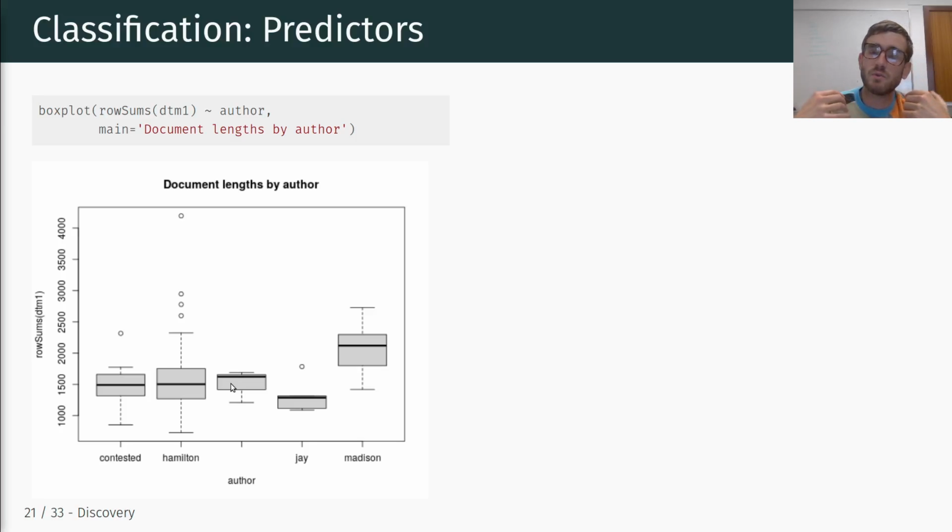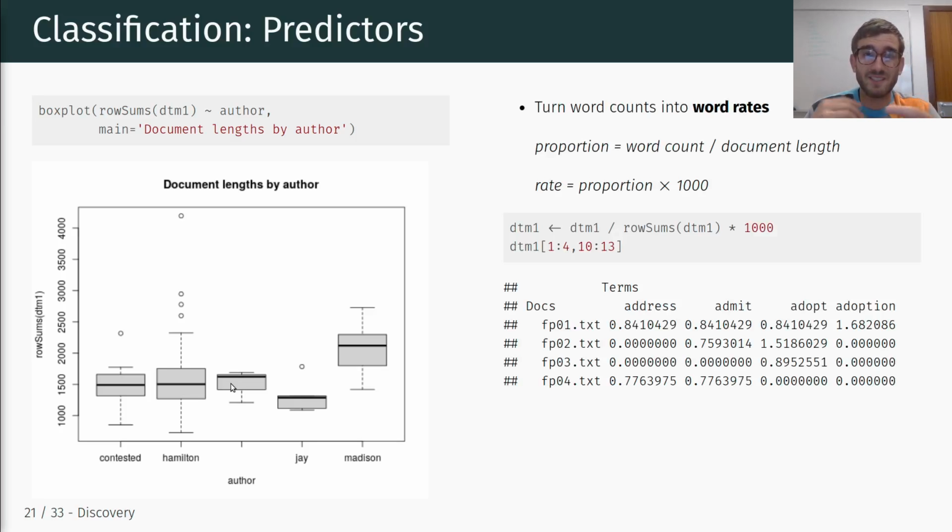So what we should focus on is not the total count of terms across documents, but word rates. So how often a word occurs in a given document proportional to the document length, right? And of course we can easily compute that by dividing the word count that we already extracted by the document length.